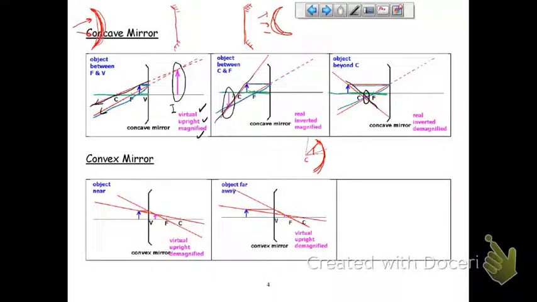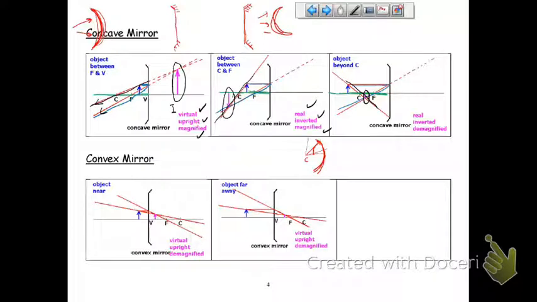But if I held my thumb there as the object and moved it backwards and forwards, I could see this effect. You still look in the mirror to see the image, but it would appear upside down and magnified again. So it would be a real image, inverted and magnified.